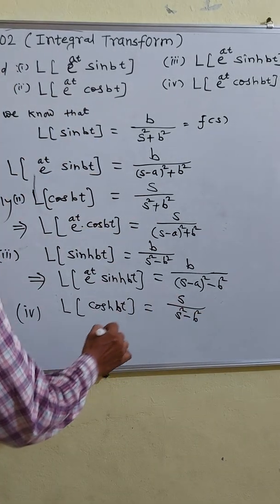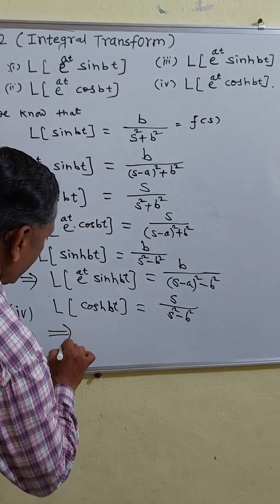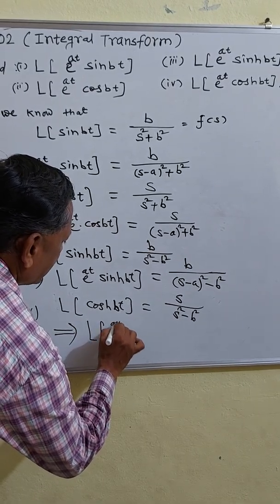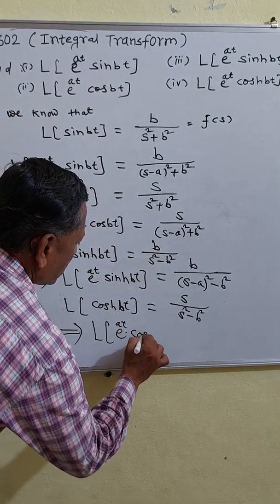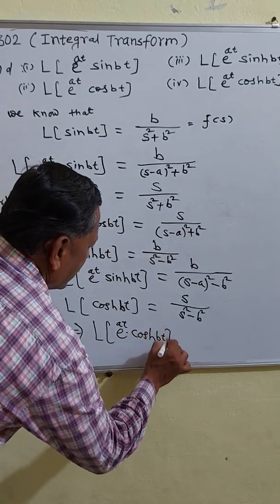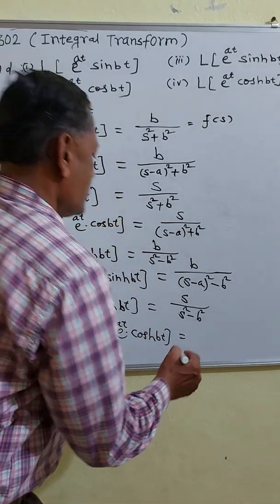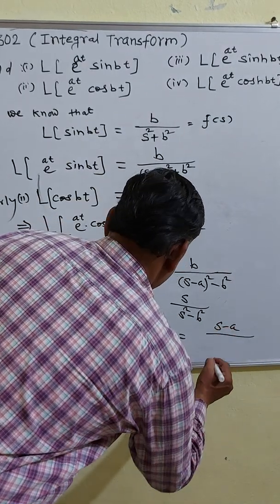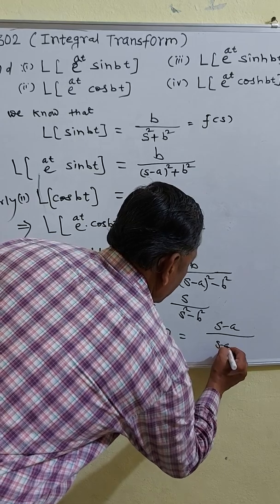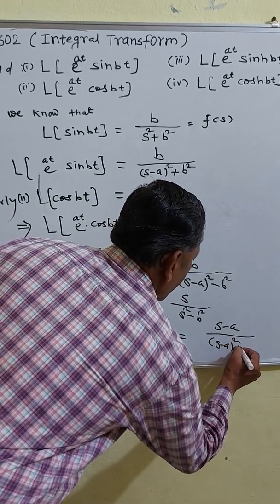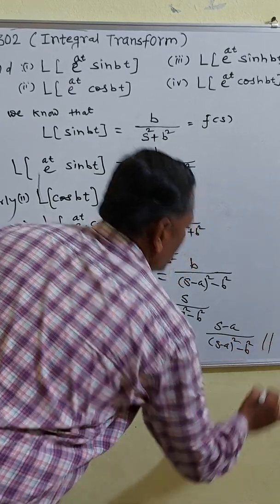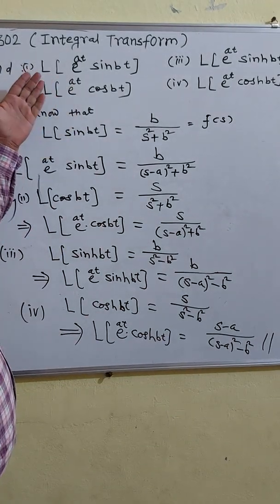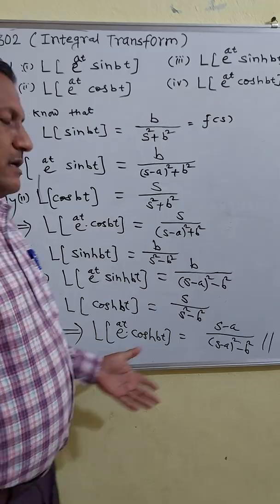Again using the first shifting theorem, this can be written as Laplace transform of e raised to at into cos hbt is equal to s minus a upon s minus a whole square minus b square. So using the first shifting theorem, you have the examples. Thank you.